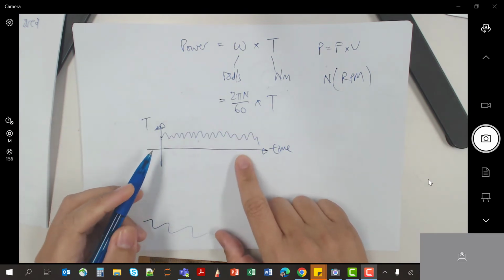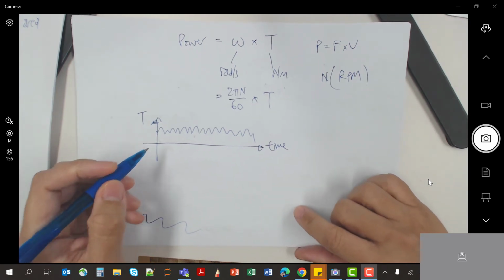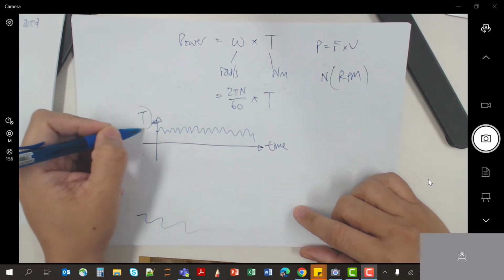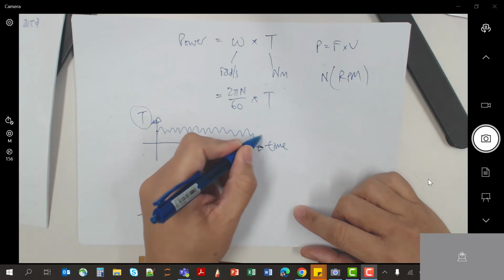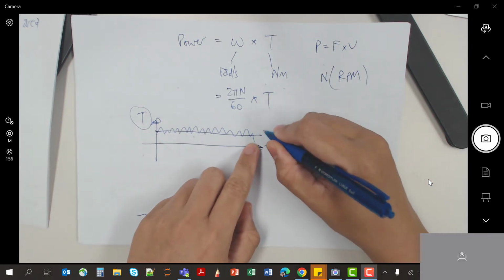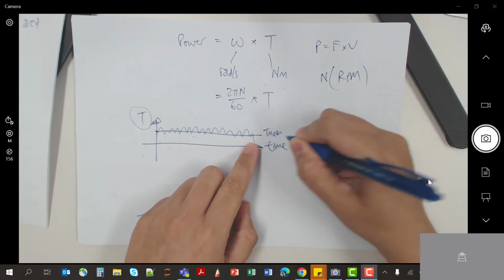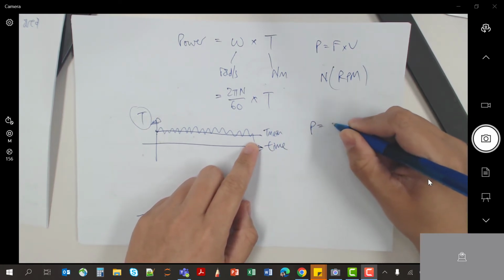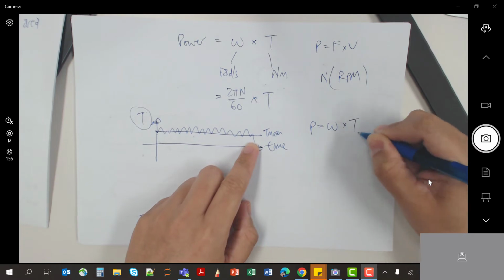And in order to get the torque that you use to calculate power, you will use the mean torque, T mean. So power is omega times T mean.